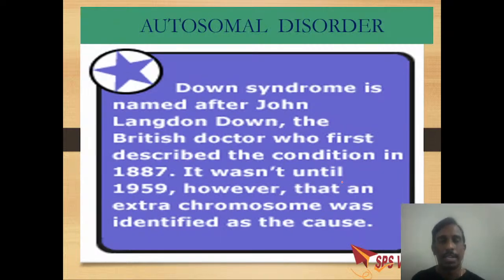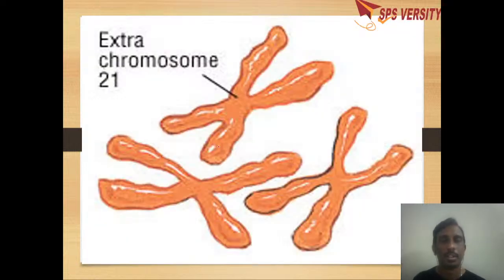So here we will study a few autosomal disorders. One is Down syndrome, which is named after the person John Langdon Down, who first described this. And this Down syndrome is due to one extra chromosome. That is, in the 21st pair, instead of 2, there are 3.